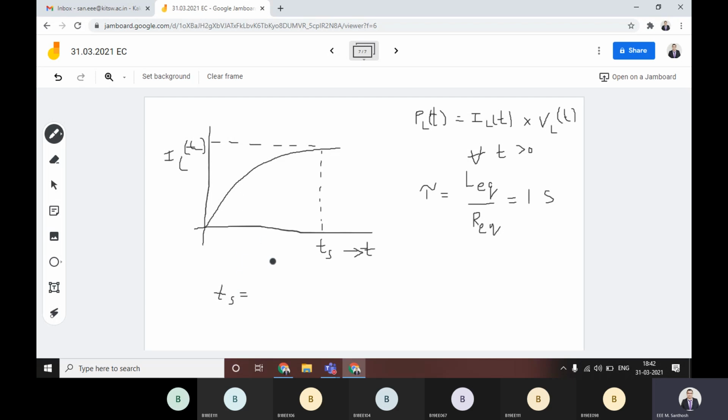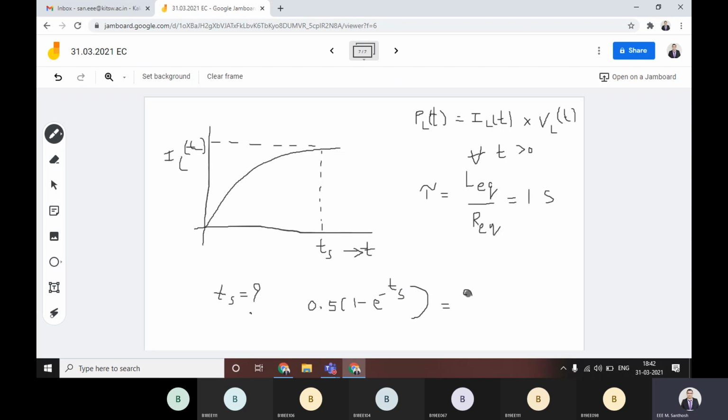When you have settling time, if you calculate for current from the current expression, if you are calculating the value of Ts, basically the value you have for the current is this expression. This is the current curve, right? The expression is 1 minus e power minus, in place of t I am writing now settling time Ts.